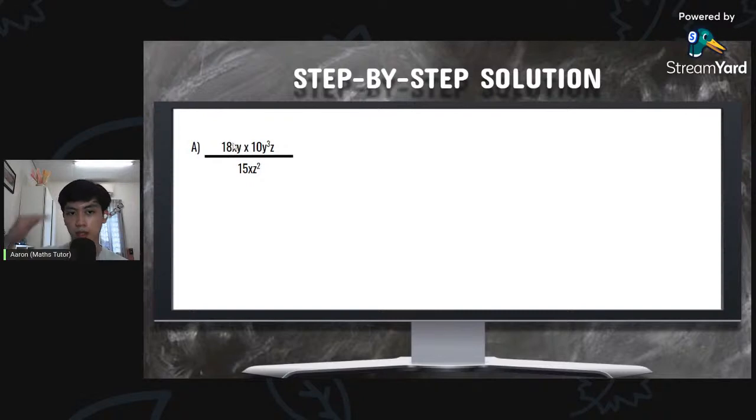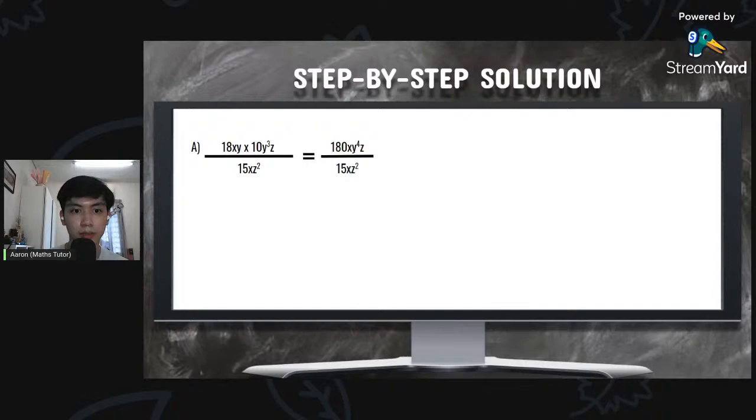The top first. So we see which one is similar: the y. We can multiply together, right? So y, if we multiply together, we can get y power 4.